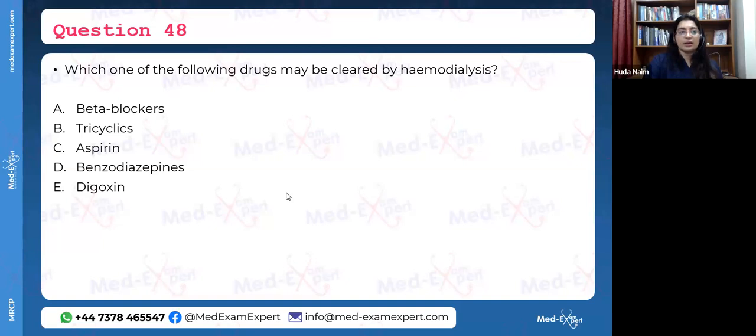Which of these drugs are cleared by hemodialysis? Really? Tricyclic antidepressants are cleared by hemodialysis? Think again.